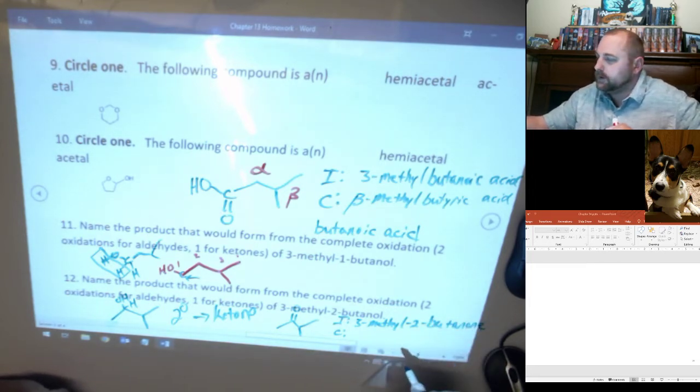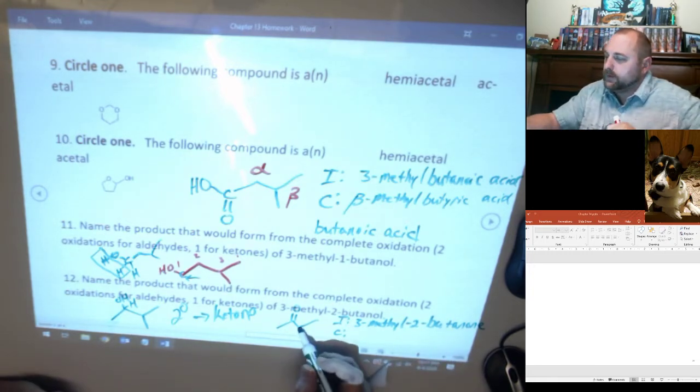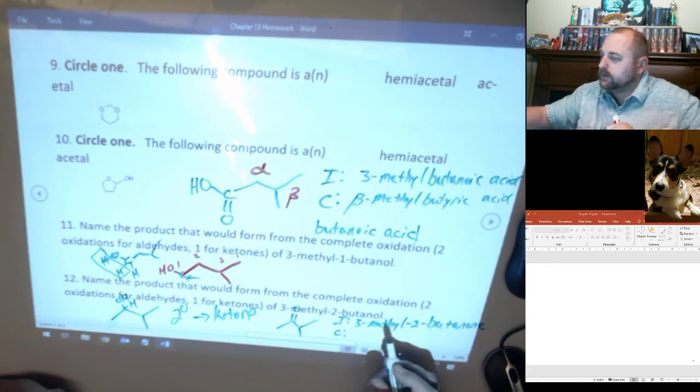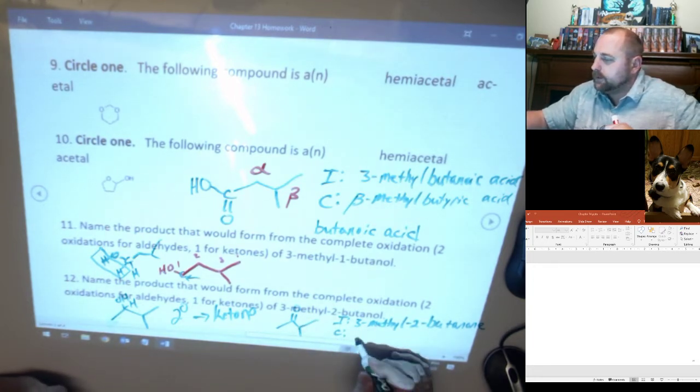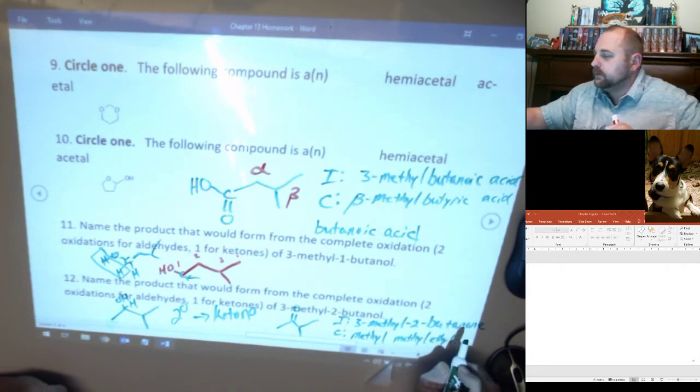Alright. Now the common name we used was for ketones. So this would be a methyl, an ethyl and a ketone. So let's do methyl ethyl ketone. Oh man, we could have used a different name there.